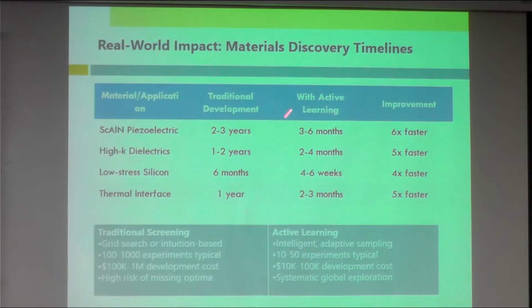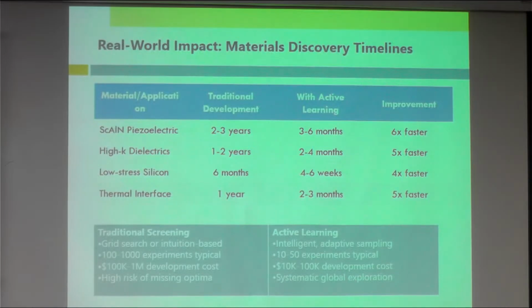With active learning, with existing data for example, we can have lesser time, maybe 3 to 6 months, which is 6 times faster than the traditional development process, like trial and error, where you try to include a certain new element to the materials, or you try to iterate the process of producing the materials.